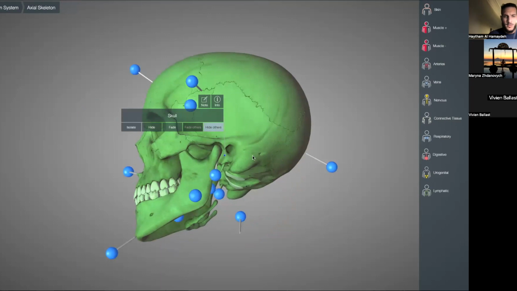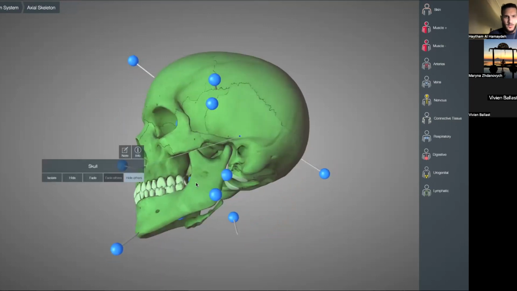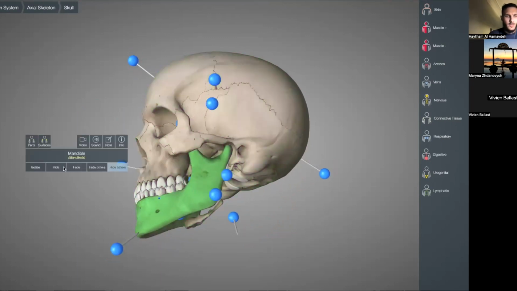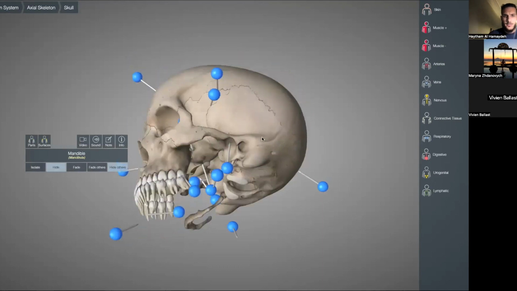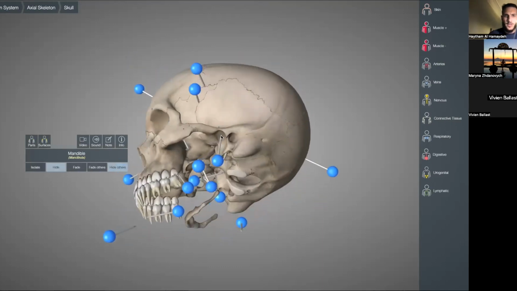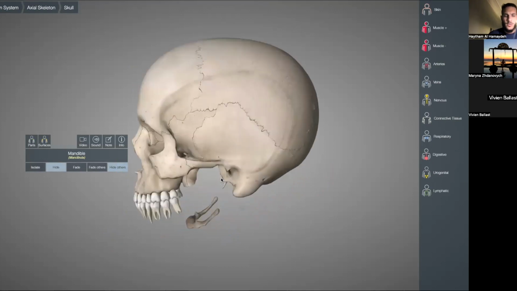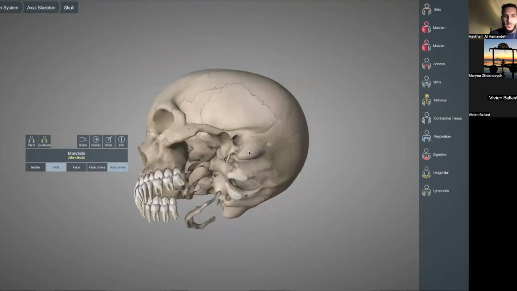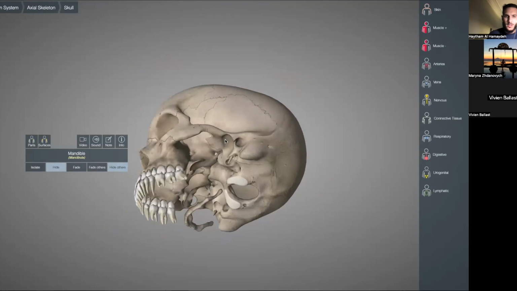So there's a pin. Let me just hide this. Here. So this pin is pointing at this region. Let me hide all of them. And I need you, so the mandible articulates in this region. I need you to name this region basically. What is it called?